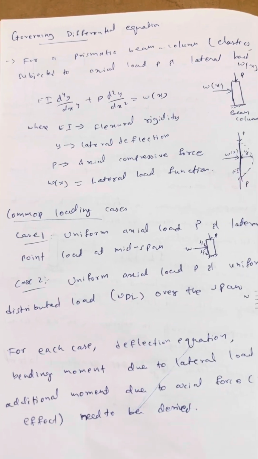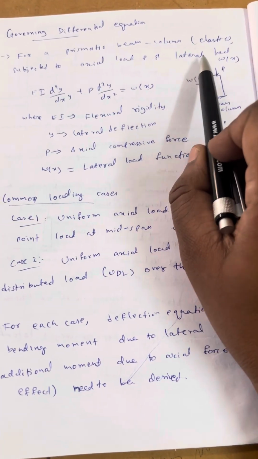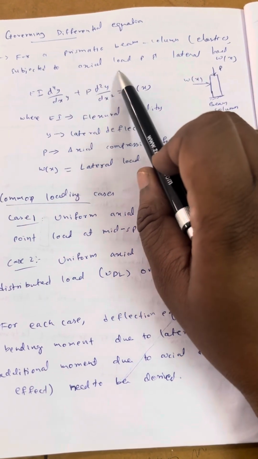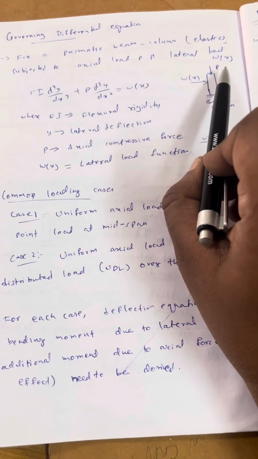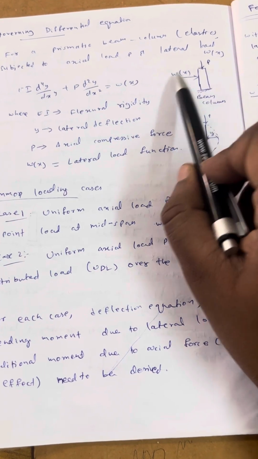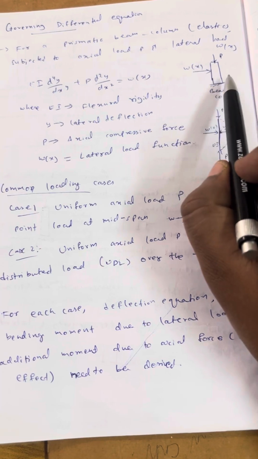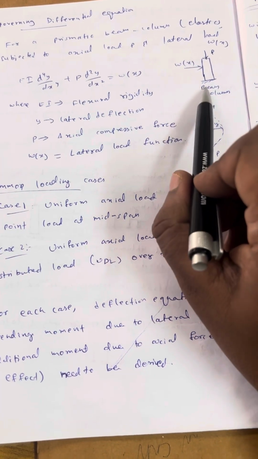Now, what is the governing differential equation for a prismatic, elastic beam column subjected to axial load P and lateral load w(x)? If you take a beam column, it is subjected to axial load P and a horizontal force, the lateral load function w(x).